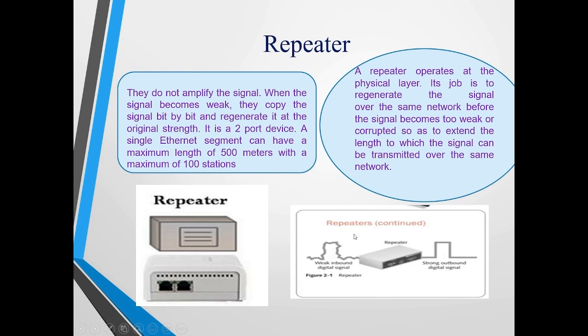How? Basically, it accepts the weak signals, and then it amplifies the signals for further transmission, because when a signal transmits through a wire, the signal could be lost, so the repeater is used to convert the weak signal into a strong signal. For that purpose, various wires are used, but different wires have different ranges. Some wires could transmit the data up to 100 meters, some up to 200 meters.